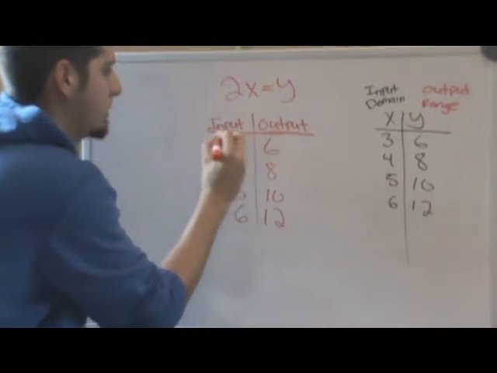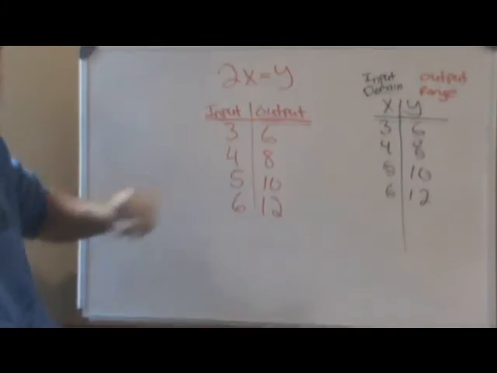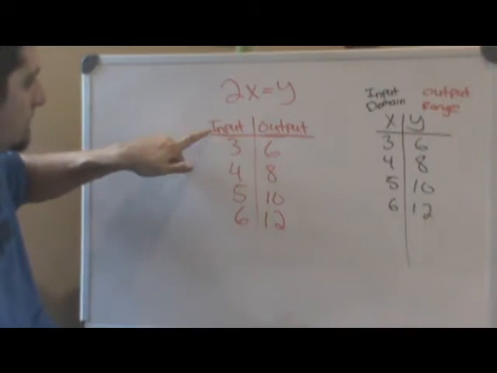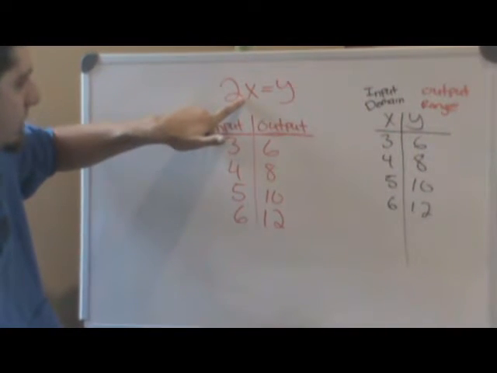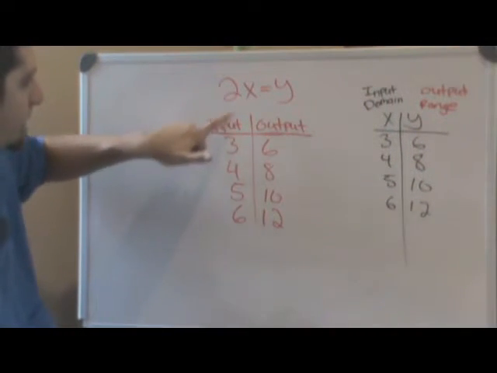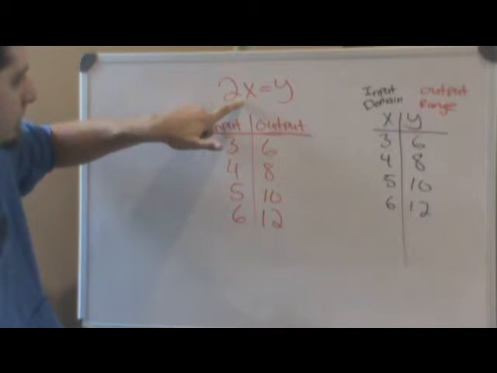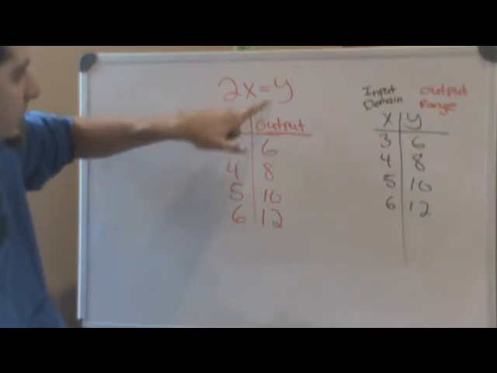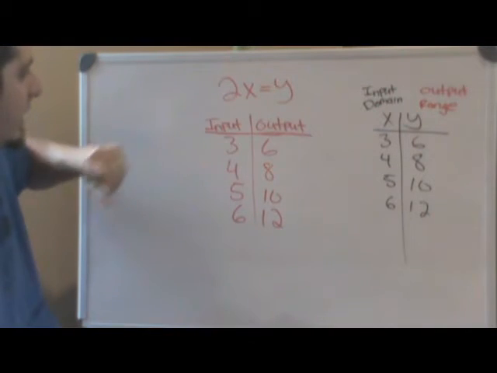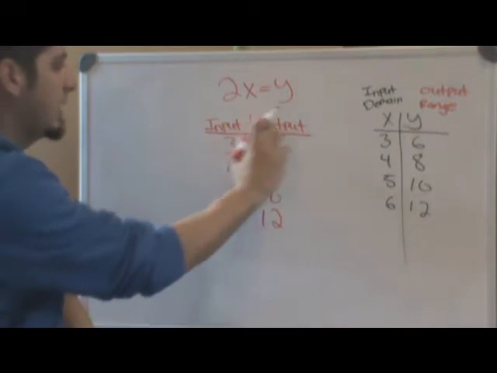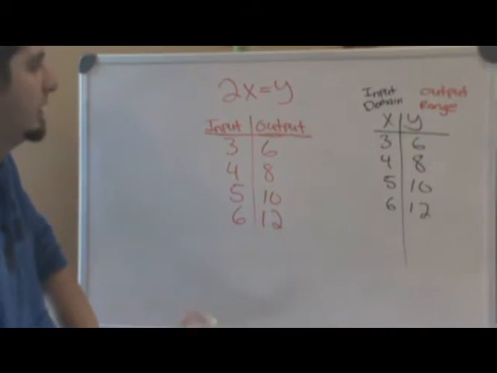And my answer that I should get is my y-coordinate. So in other words, when I input 3 into this equation, so I input 3 for x, my output, or my answer, should be y. That's why we might also see this as input and output instead of x and y.